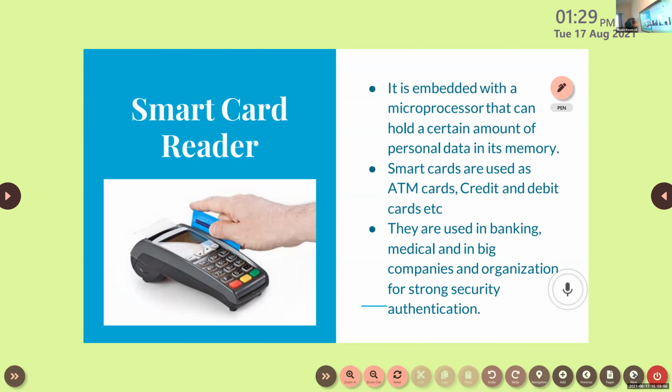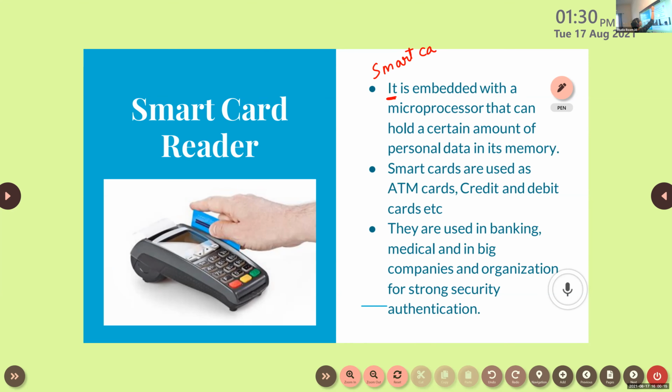Ma'am, our card will have a chip. And using that side, we swipe on the machine, which gives the input, and then the money is transferred to the card. Yes, very good. In our smart card, a chip, a microprocessor is embedded, isn't it?